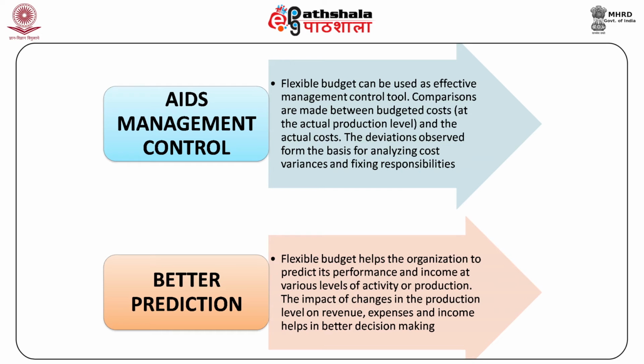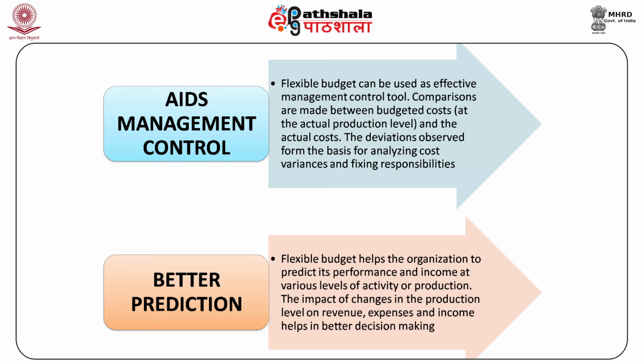Third, aids management control. A flexible budget can be used as an effective management control tool. Comparisons are made between budgeted cost at the actual production level and the actual cost. The deviations observed form the basis for analyzing cost variances and fixing responsibilities. The managers feel motivated in controlling the cost for which they are responsible.